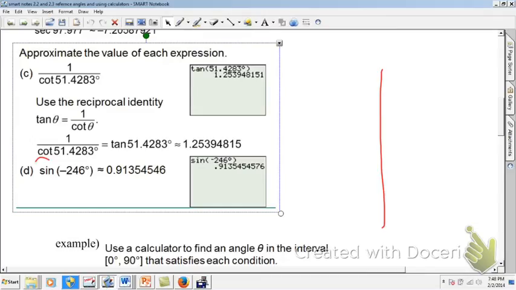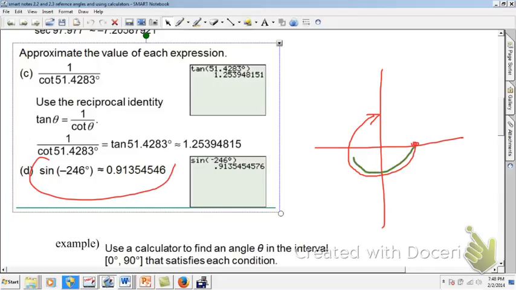So let's just take a moment to visualize that in our head. Here I am, I'm rotating negative 180. Now if I went all the way to here, I'd be at negative 270. So I know, I'll do this in another color. I know that I don't have to go that far. I only go to negative 246.